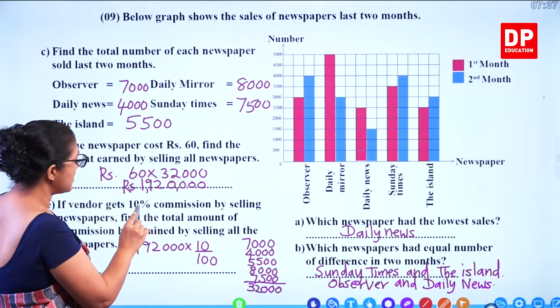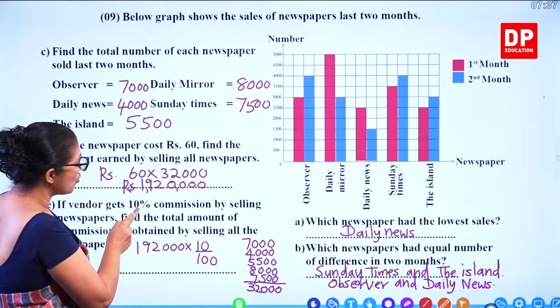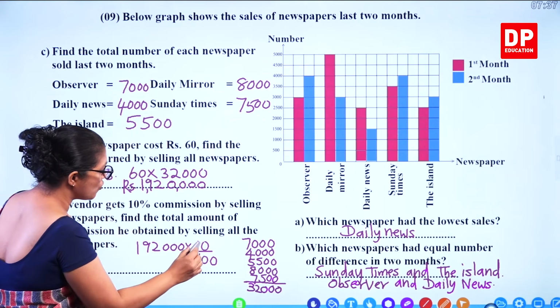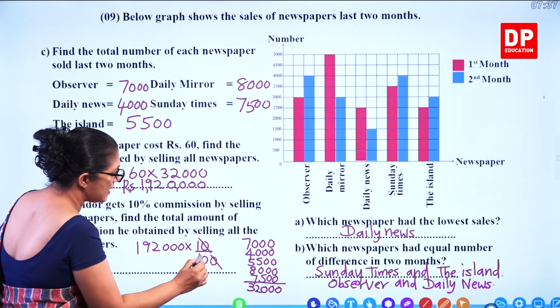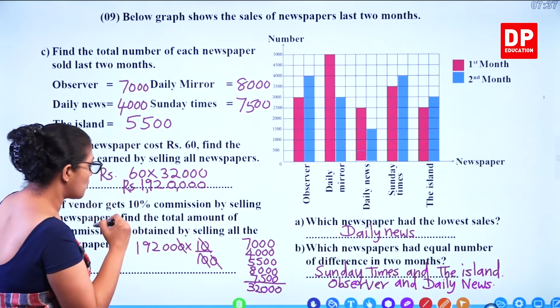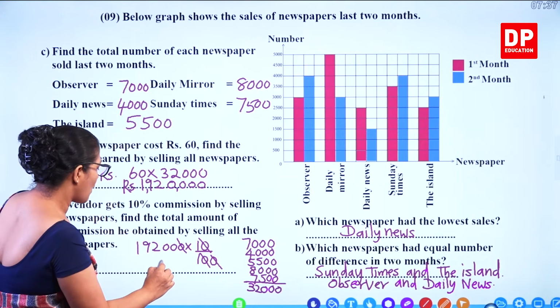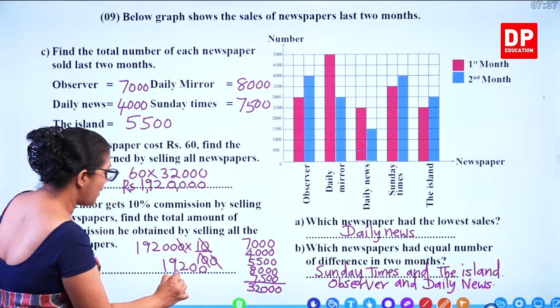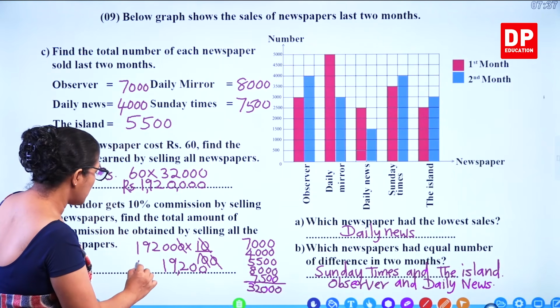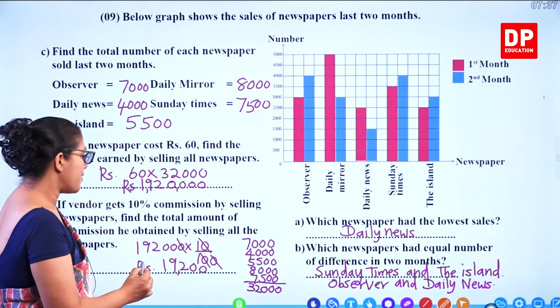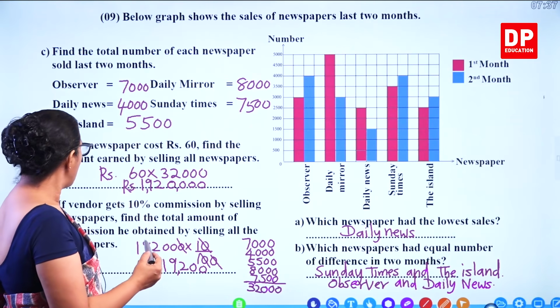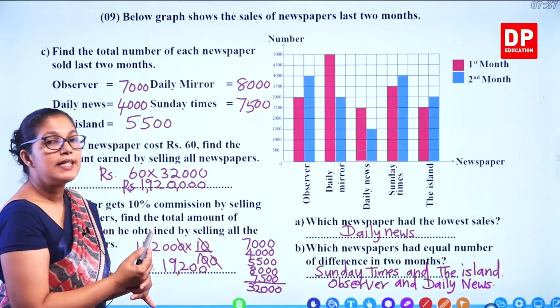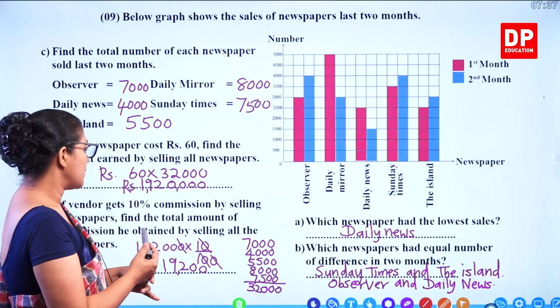So the 1 and 0 get cancelled out, another 0 with this one. So what's the amount? 19,200. That means 19,200 rupees is the value the vendor gets as the commission.